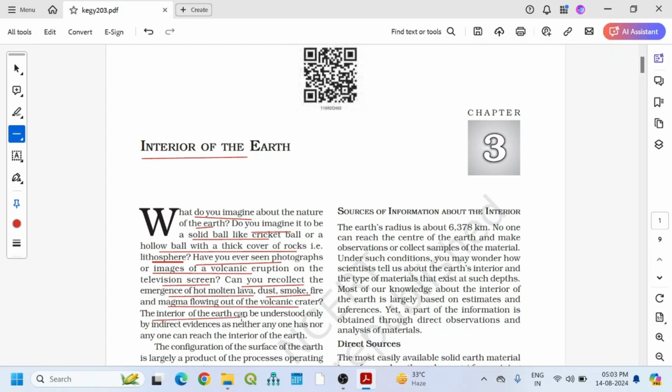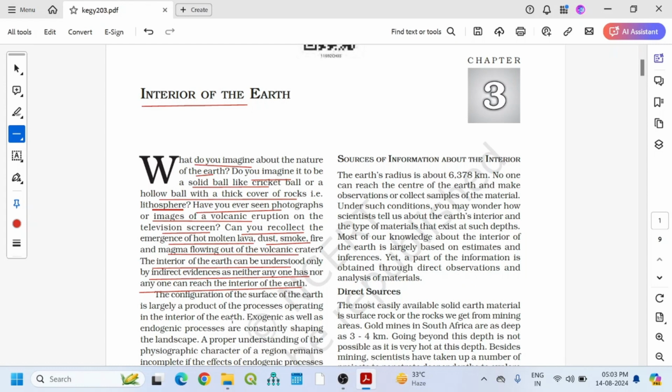So, the interior of the Earth can be understood only by indirect evidences, as neither anyone has nor anyone can reach the interior of the Earth. So the configuration of the surface of the earth is largely a product of processes operating in the interior of the earth. We discussed that exogenic as well as endogenetic processes are constantly shaping the landscape.